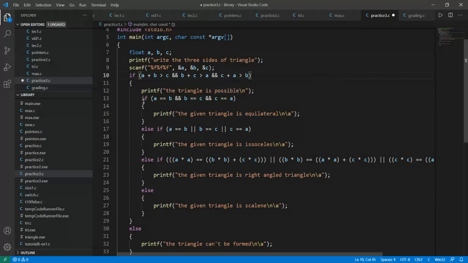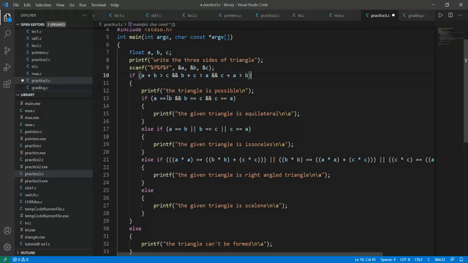And then again we have used a conditional statement: if a is equal to b, and then again. We should focus here that if I just write a equal to b with one equal sign, that would give an error.